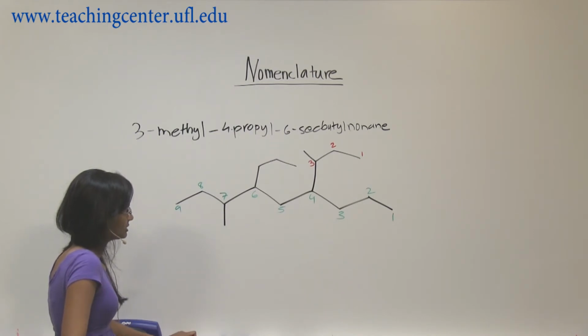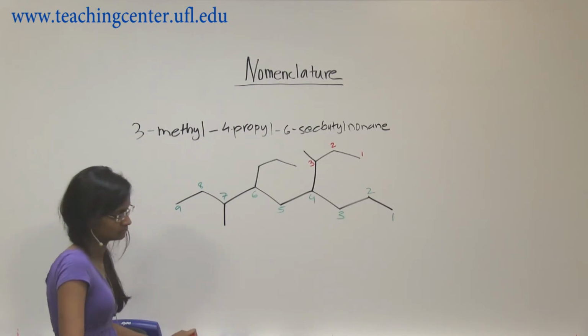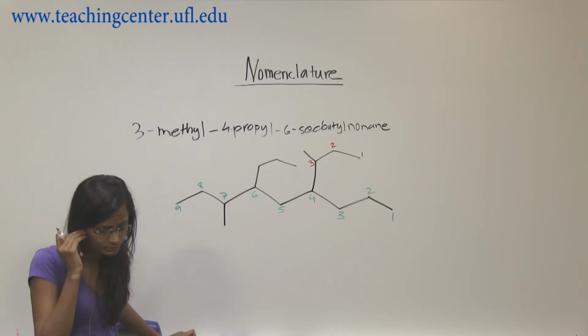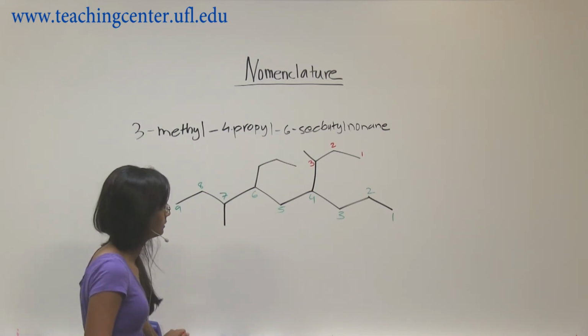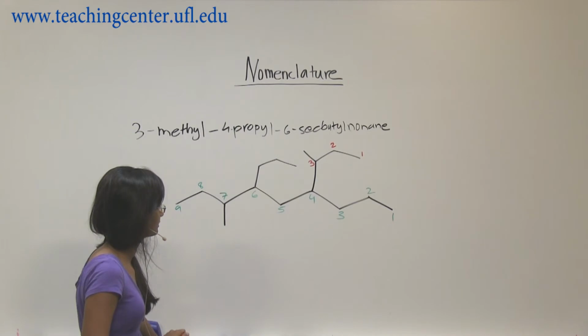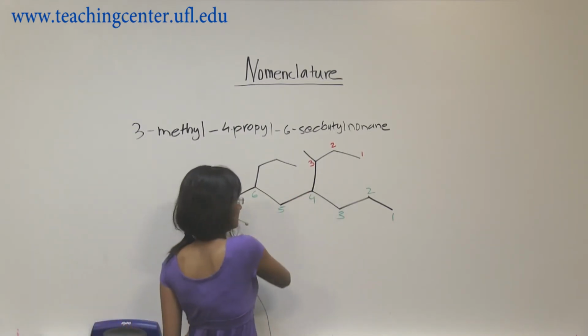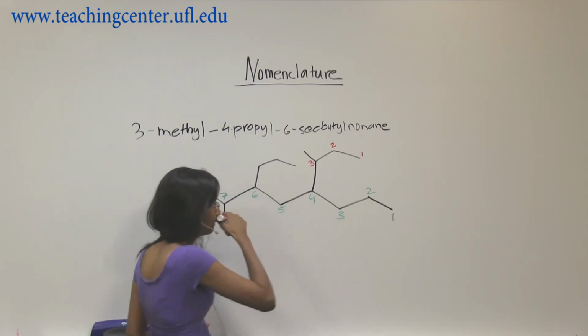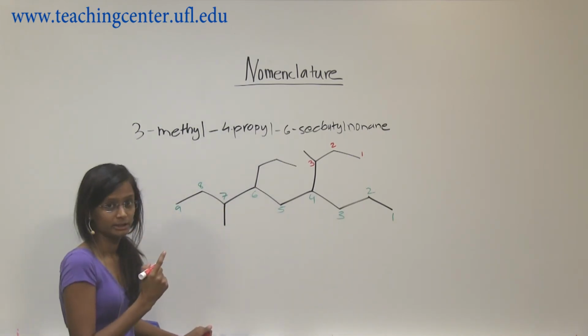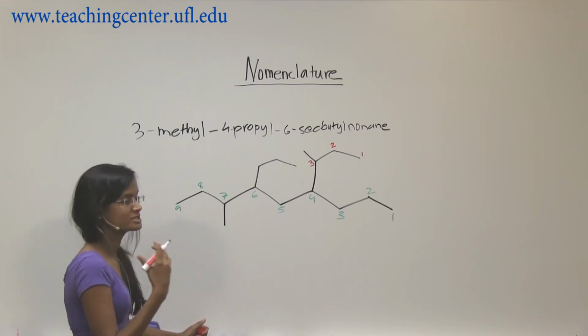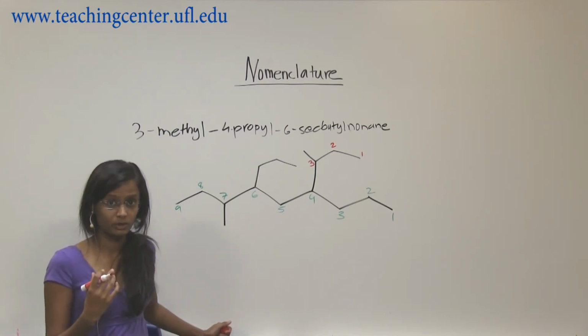How about we start, okay, so 1, 2, 3, 4, 5, 6, 7. Okay, so this will still give me 9, but the red way is better because you get more substituents on 1.